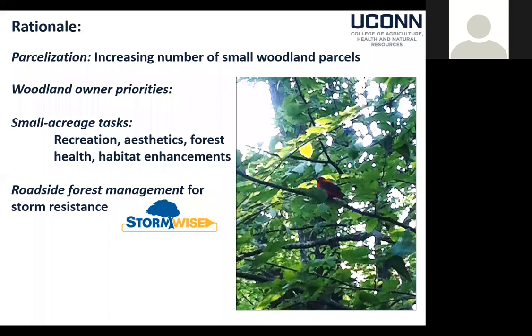The other thing that's going on in Connecticut is that while woodland stays intact and we still have lots of forest in the state, for those of you who don't know the statistics, we estimate that 75% of the land area of Connecticut is under a tree canopy, and 60% of the land area of the state is considered to be woodland or forest land. There's also a tree canopy in suburban and urban areas.